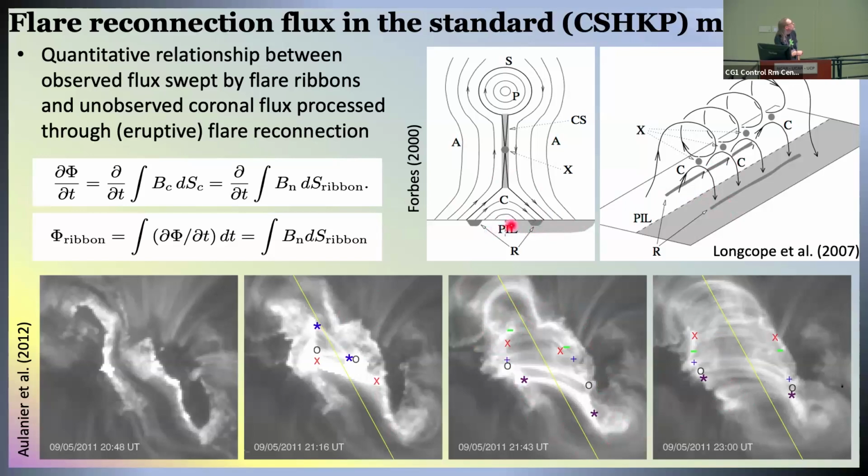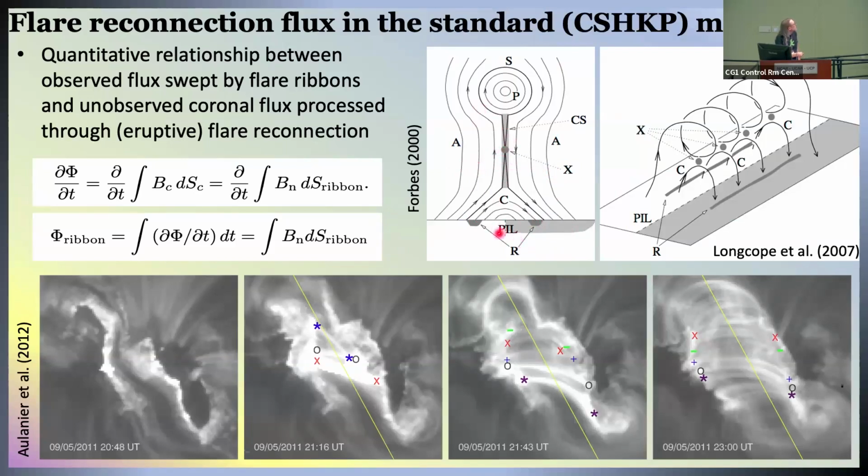If you watch the arcade grow in time, you can measure how much flux the ribbon has swept over. In ideal MHD, and especially in this 2D picture, however much flux this separatrix encases must be the flux you started with plus all of the flux you processed through reconnection.